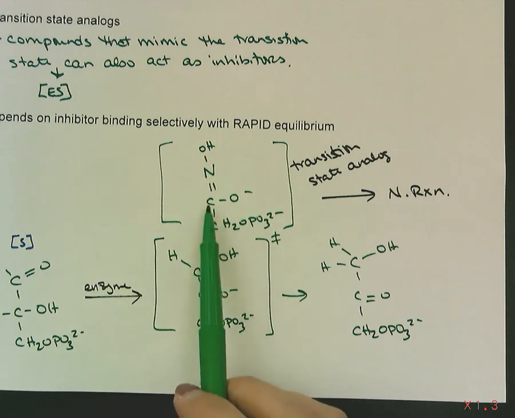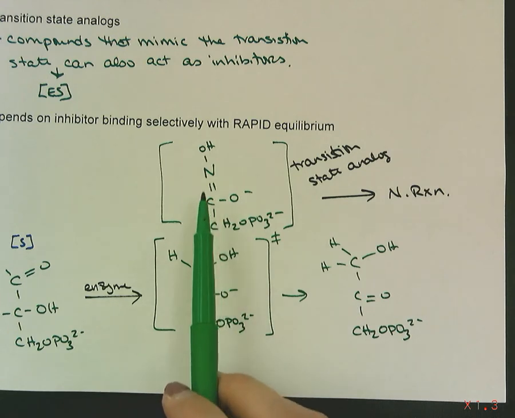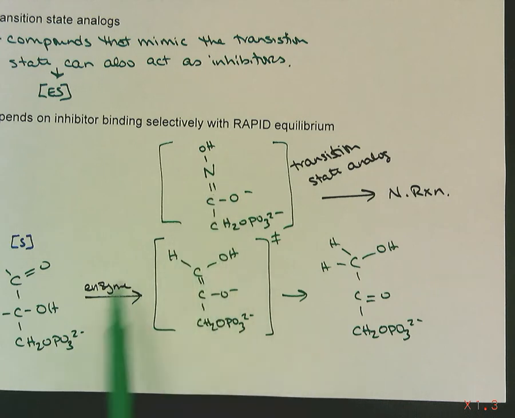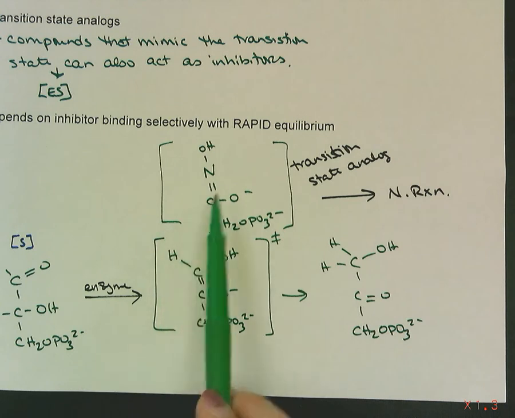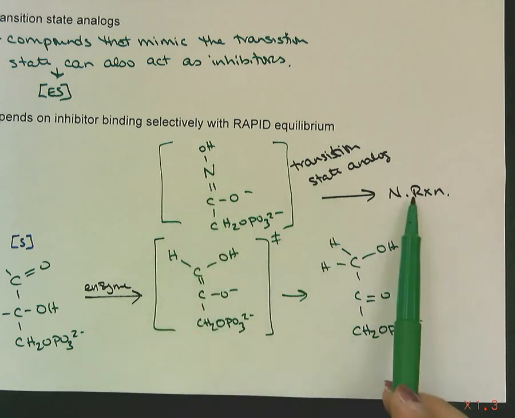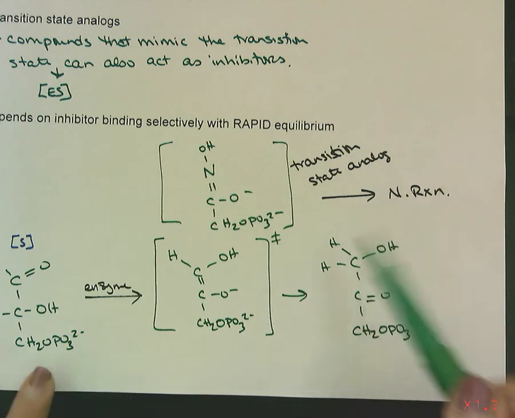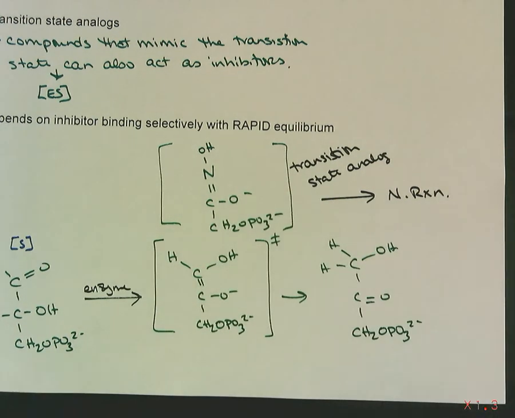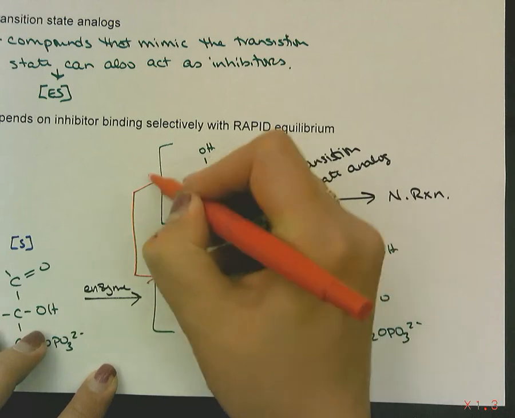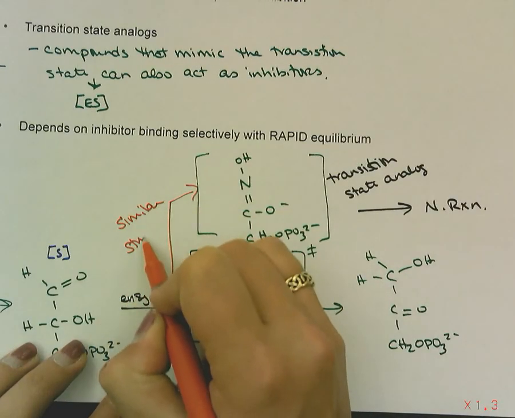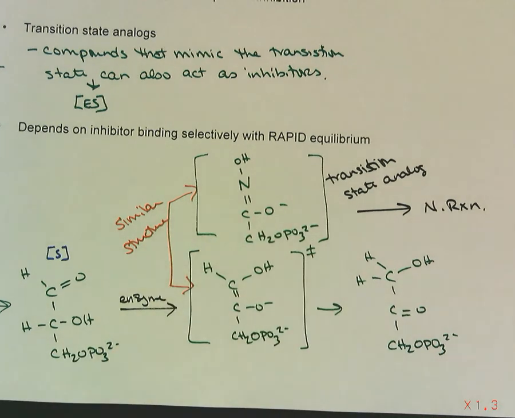So this is a compound that exists floating around. And if it interacts with this enzyme, it competes for the same site. And this causes no reaction. Because these two look similar, they have similar structure.